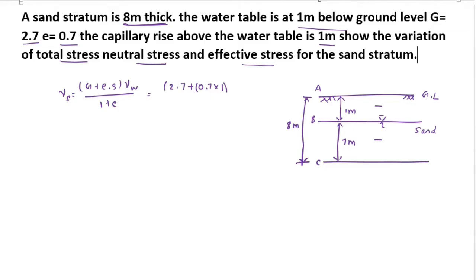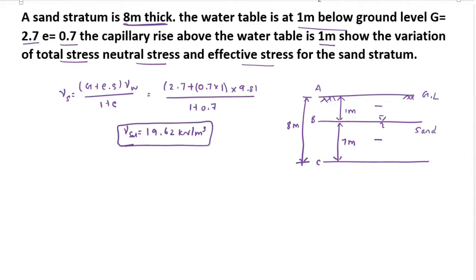So we can put S equal to 1 into 9.81, so gamma W value is 9.81 we know, divided by 1 plus 0.7. So solving this we got the value of gamma saturation equal to 19.62 kilonewton per meter cube.